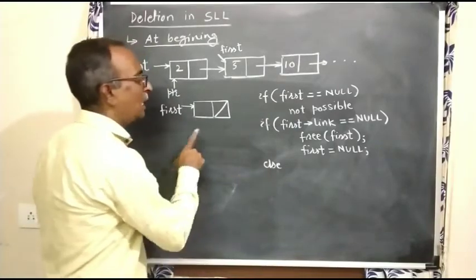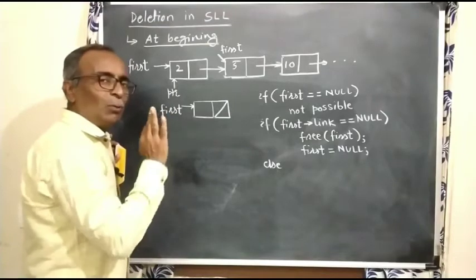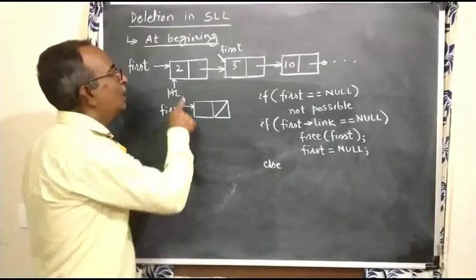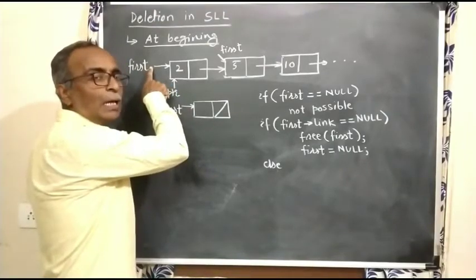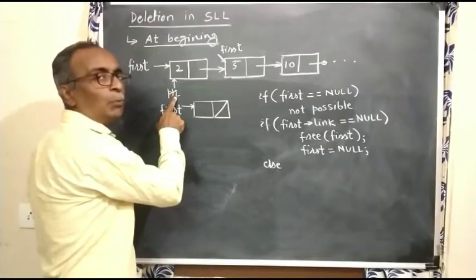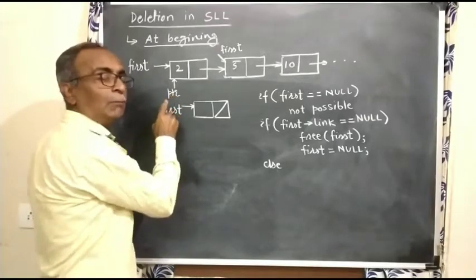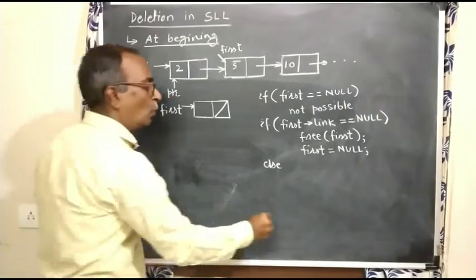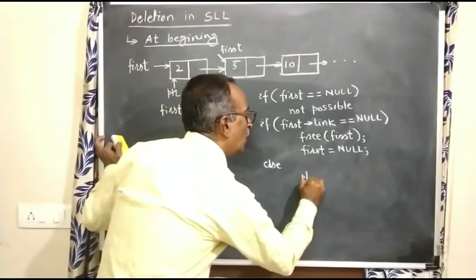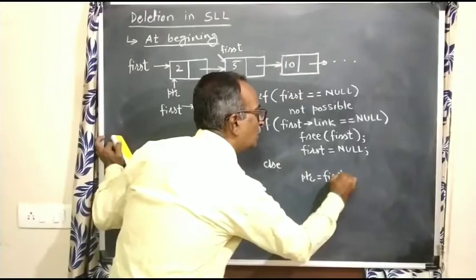So else means the linked list has more than one node. When you have more than one node, you can directly move first, but before that one pointer should be saved because you require it for freeing. So we will take one pointer PTR, and that is given first.